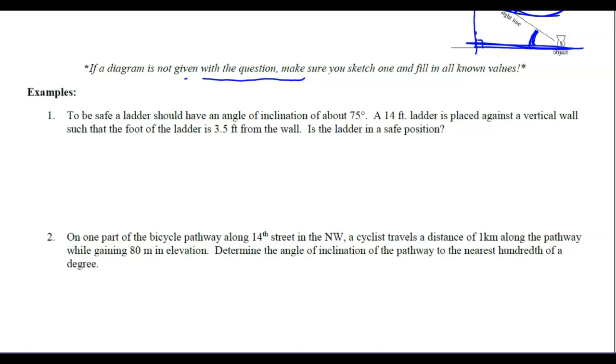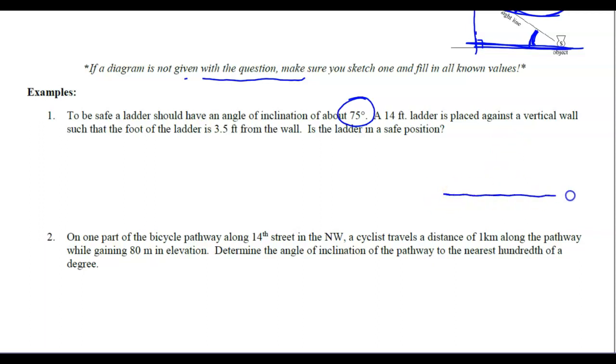Anything bigger, in this case 75, would be too steep, and if you lean back a little bit it would force the ladder backwards, which would cause an accident. If it's too low, that's not great either because it's unstable. It's going to slip out depending on what the legs of the ladder are like. So it'll give you a recommendation.